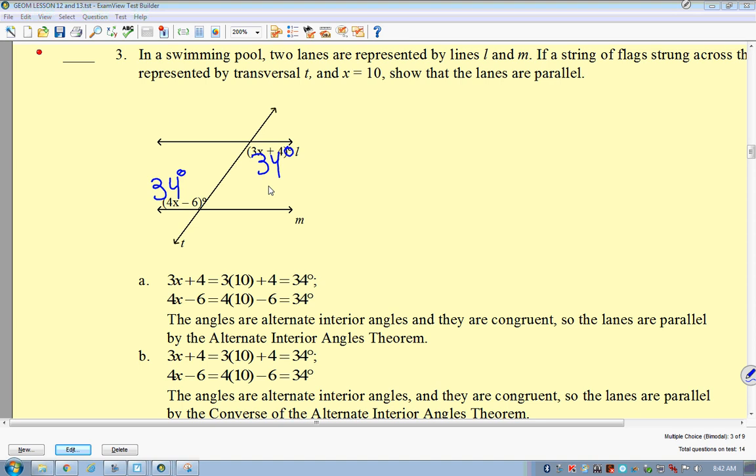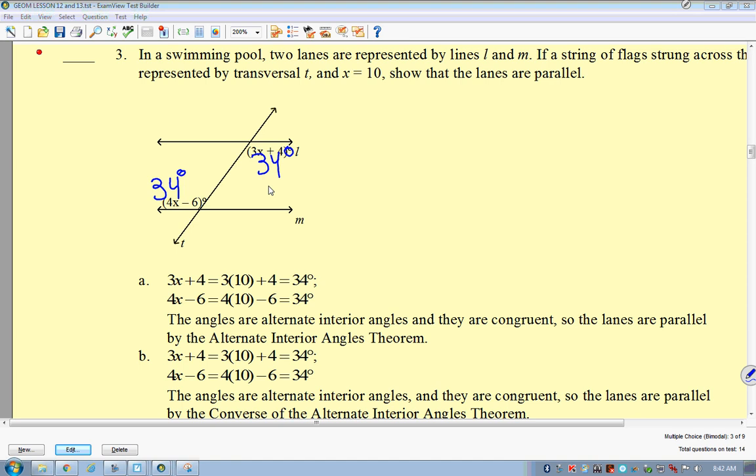All right, what are those two angles to each other? No, more specific. Go back to my 4 categories. Alternate interior. So they're alternate interior. Am I going to use the alternate interior angles theorem, or am I going to use the converse of the alternate interior angles theorem? Which one? The converse.